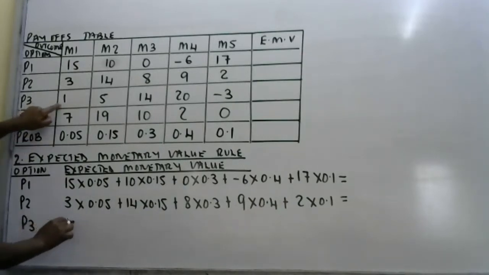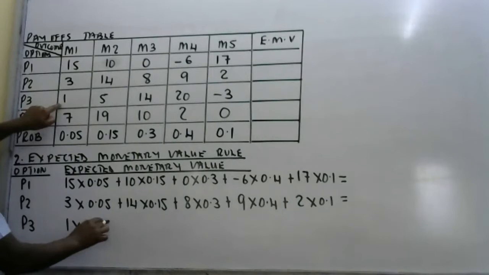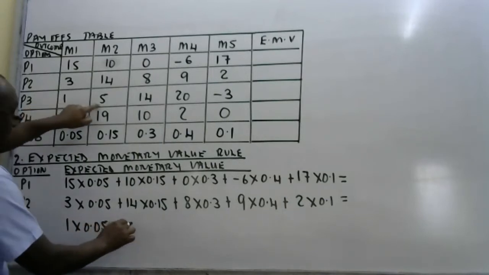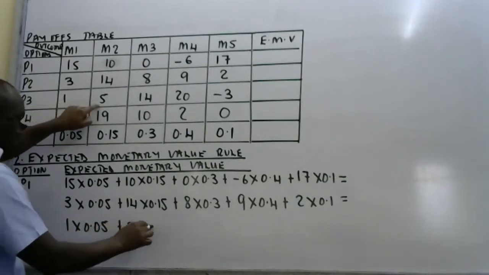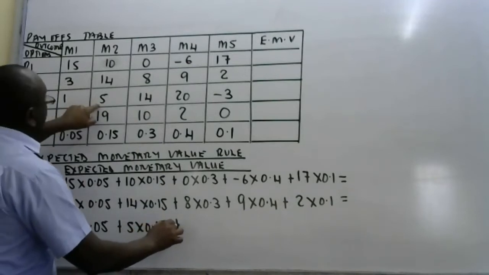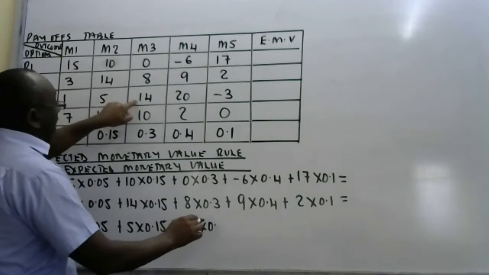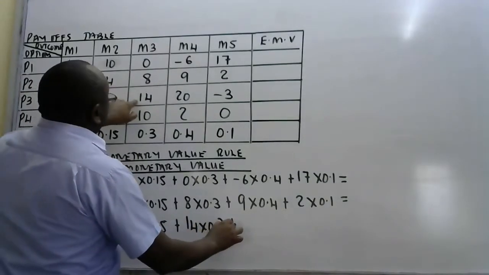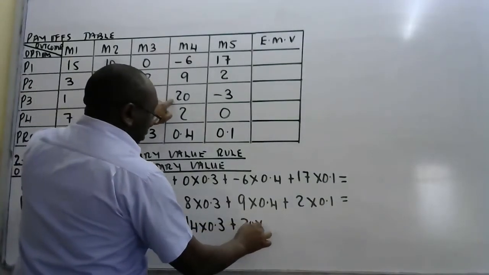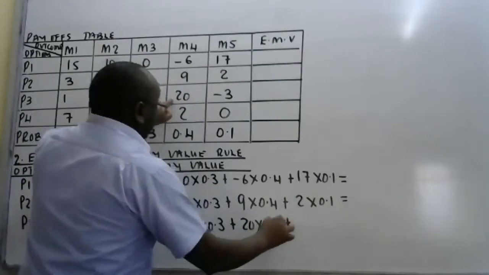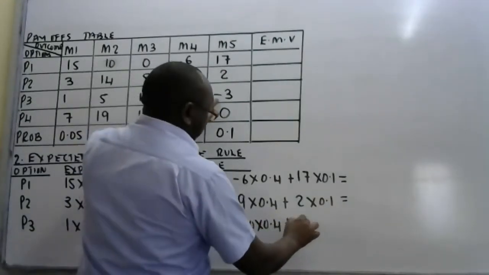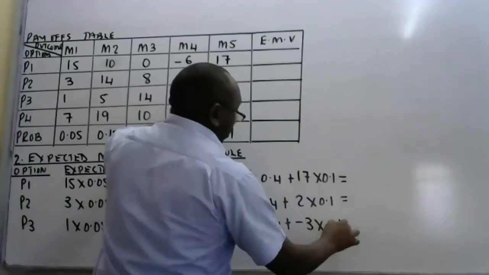P3 is 1 multiplied by 0.05, plus 5 multiplied by 0.15, plus 14 multiplied by 0.3, plus 20 multiplied by 0.4, plus minus 3 multiplied by 0.1.